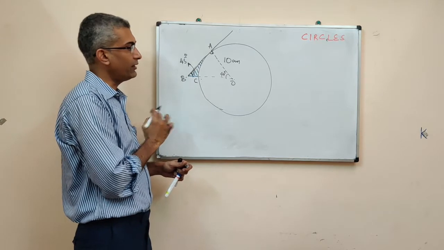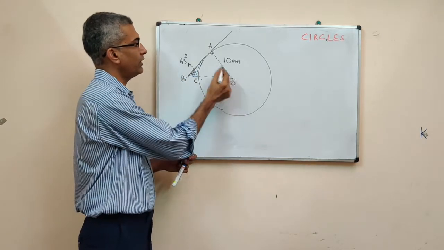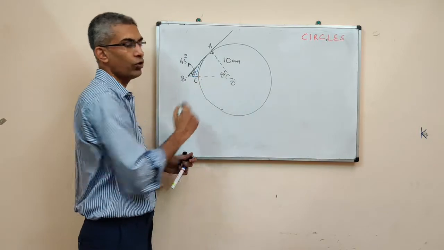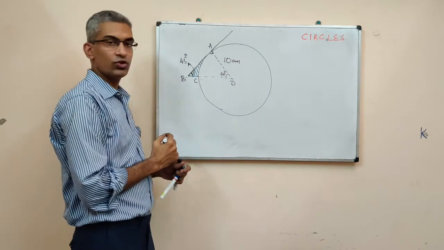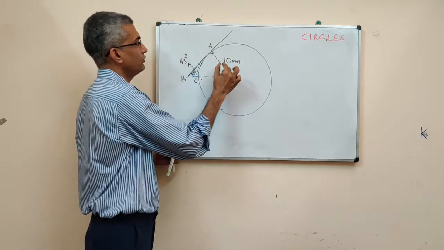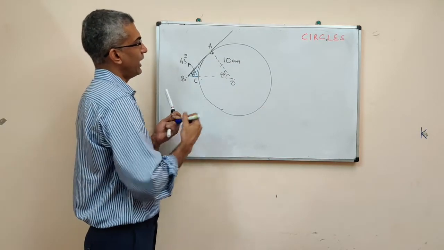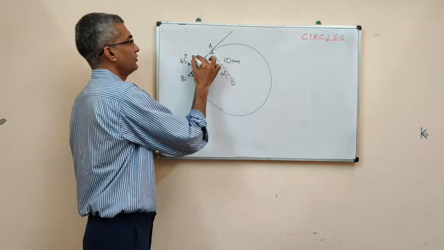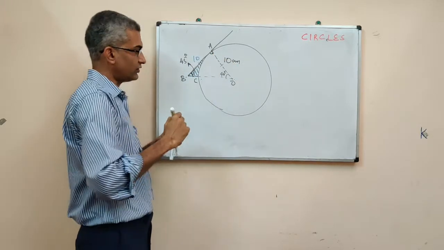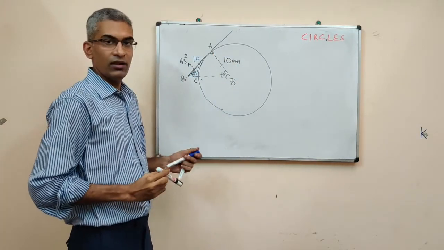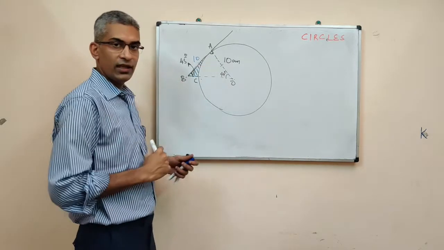What does that imply? That means this triangle BAO is an isosceles triangle. This side is same as this side, and this is 90 degrees, so this side is 10. Can you find the area now?